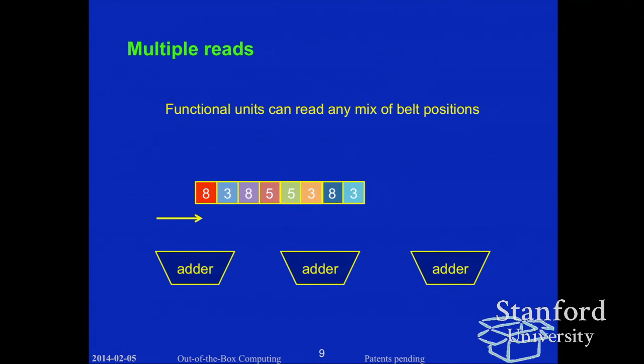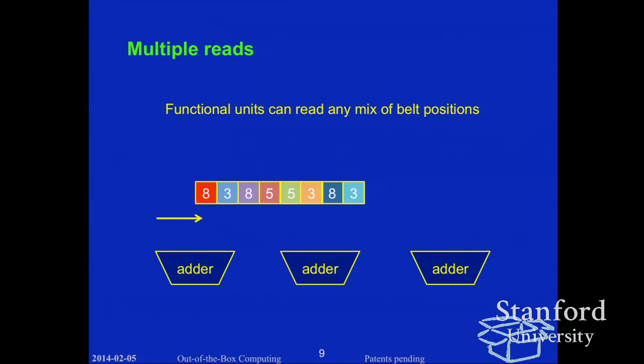The functional units, there are many. The Mill is a wide issue machine in the sense that a single instruction can contain many operations, like a VLIW does. Fair warning, a terminological trap here. Most people are used to thinking that an add is an instruction. Once you're in the wide issue world, an add is not an instruction. An add is an operation, and there may be a ton of other operations in the same instruction.